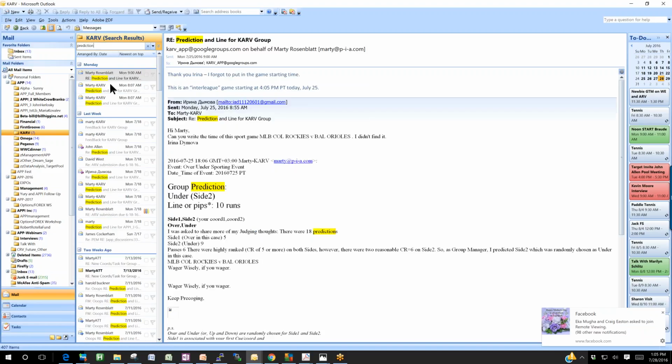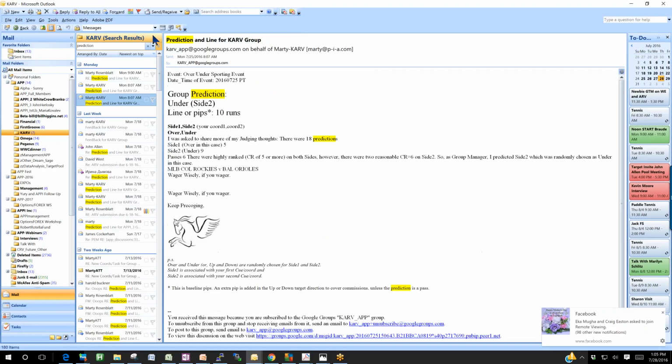Okay, so here's a typical way a prediction would come back. Once you do it, the prediction comes back, remember, before the outcome. So this is a true prediction. And the prediction was under. So it says very clearly under, but that's the group prediction. And what it is predicting is that side 2 will be the winning side.